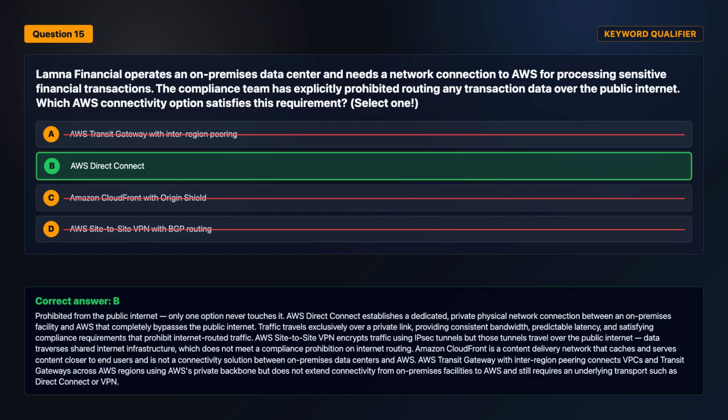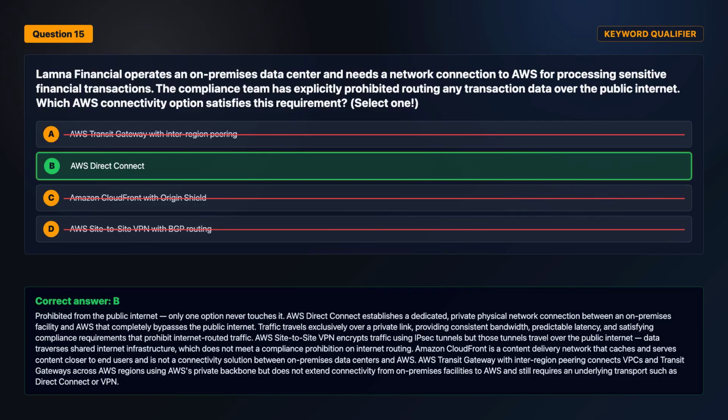AWS Site-to-Site VPN encrypts traffic using IPsec tunnels, but those tunnels travel over the public internet, so data traverses shared internet infrastructure, which does not meet a compliance prohibition on internet routing. Amazon CloudFront is a content delivery network that caches and serves content closer to end users, and is not a connectivity solution between on-premises data centers and AWS.